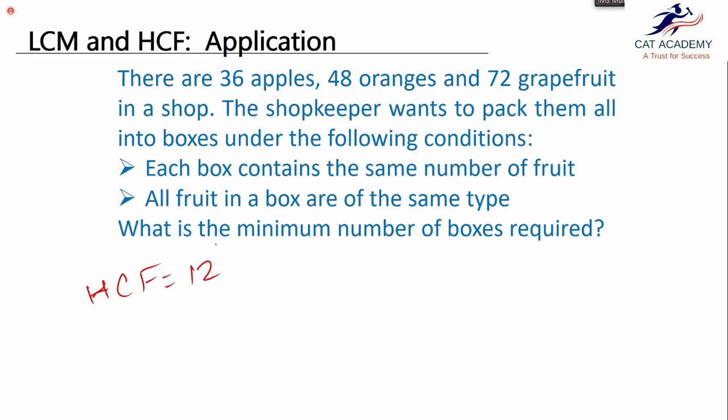So by the way, what has been asked here? Each box contains this all. What is the minimum number of boxes? But HCF equal to 12 doesn't mean that every box contains 12. Every box could contain any factor of 12 also. It's like either all the boxes are of 1 or 2 or 3 or 4 or 6 or 12.